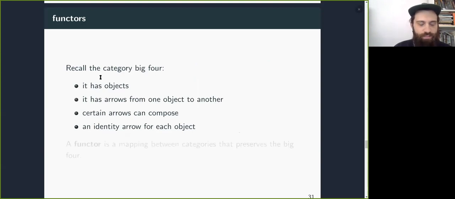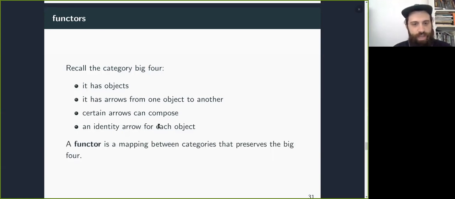Remember, a category has objects, it has arrows, certain arrows can compose only if they match up. If the domain of one is where the other one begins, then you can compose those. And every single object has an identity arrow associated to it. So a functor really is just a mapping between categories that preserves these things. So that's a very rough idea.